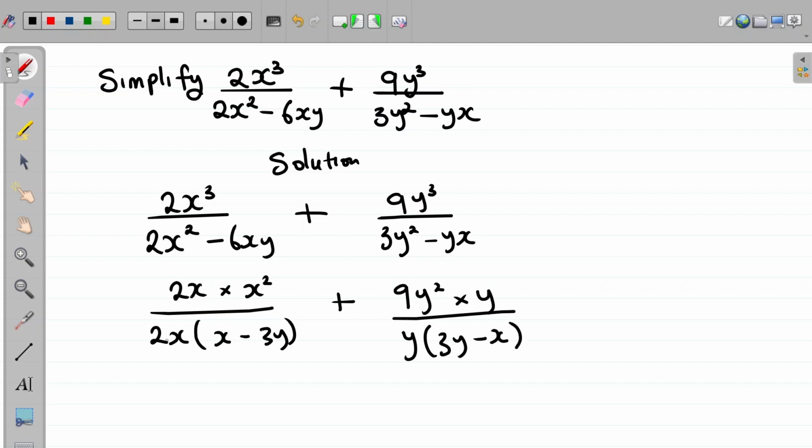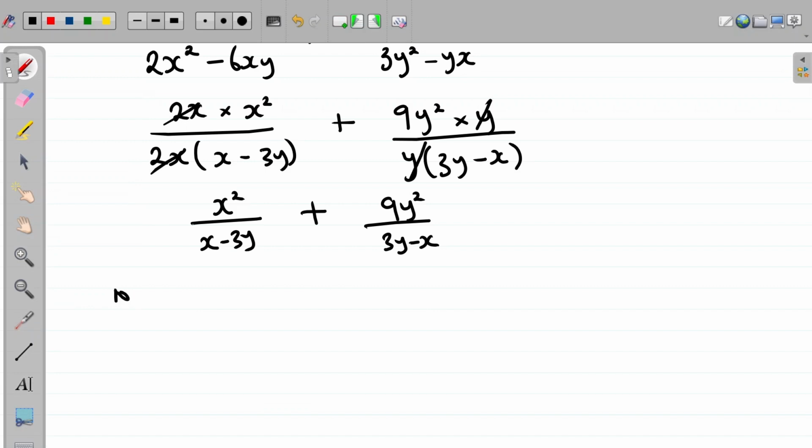From here, we can cancel out 2x and also y can cancel out y. So our expression becomes x squared divided by x minus 3y plus 9y squared divided by 3y minus x.